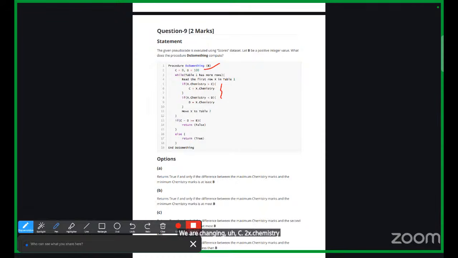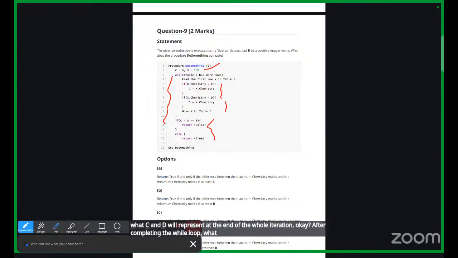And then for D, we have lines 8 to 10, and then here we have another if else block. First, let's try to figure out what C and D will represent at the end of the whole iteration, after completing the while loop.